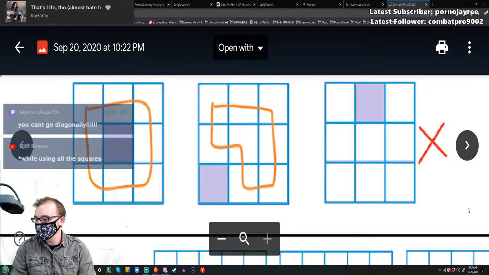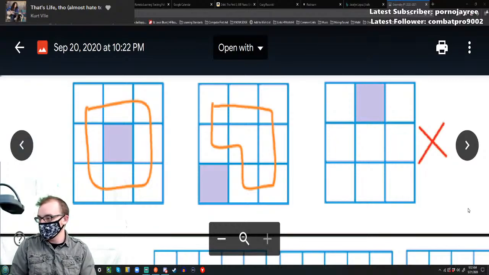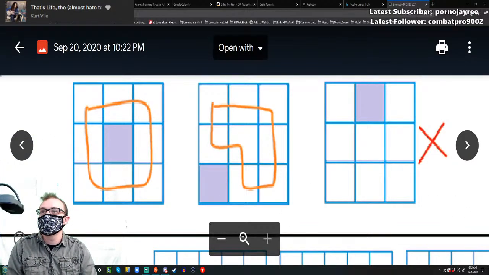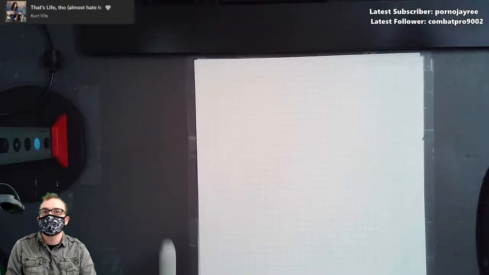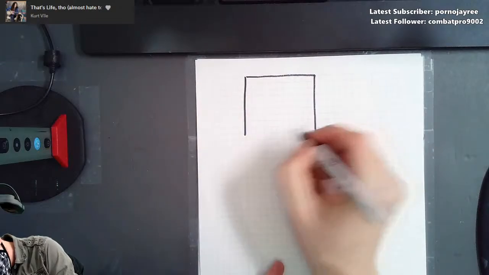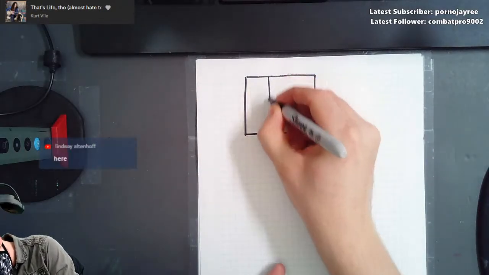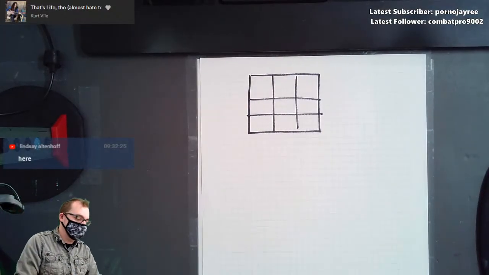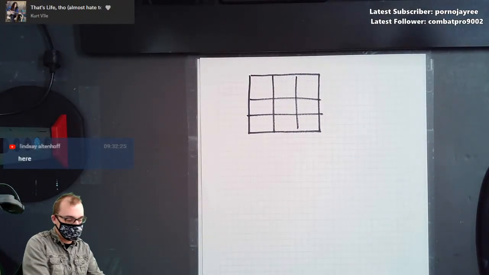You can't go diagonally, is what Lily says. Cliff, you say, while using all the squares. Yep. My first hour class was pretty brilliant about this. I'll tell you something. What do y'all know about loops? What makes something a loop?